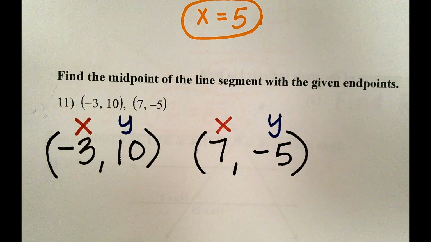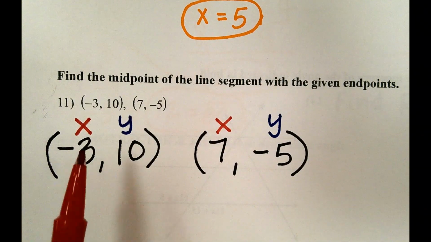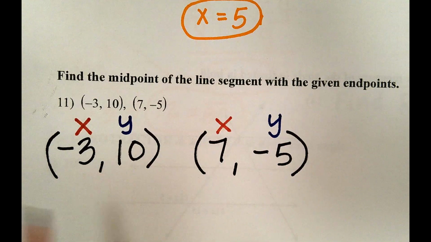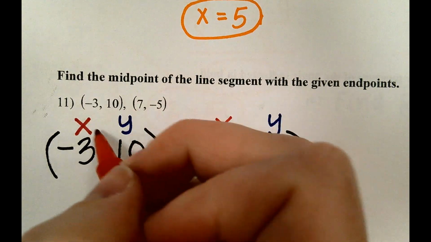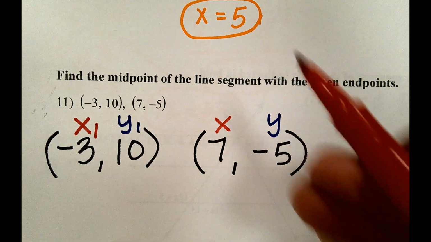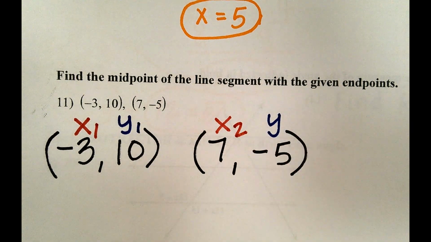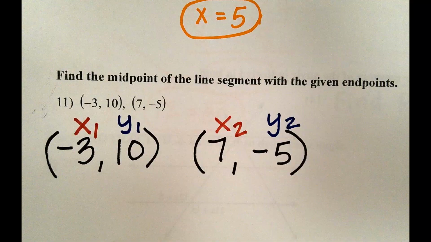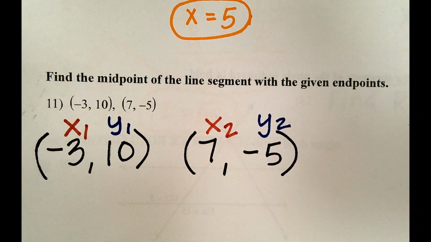Now, as far as figuring out x1, y1, x2, y2, all we're going to do is say this is my first coordinate, so this will be x1, y1. And then the next one is just x2, y2. That's it. x1, y1, x2, y2.